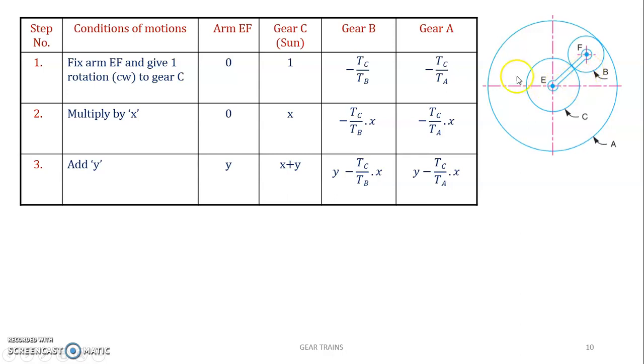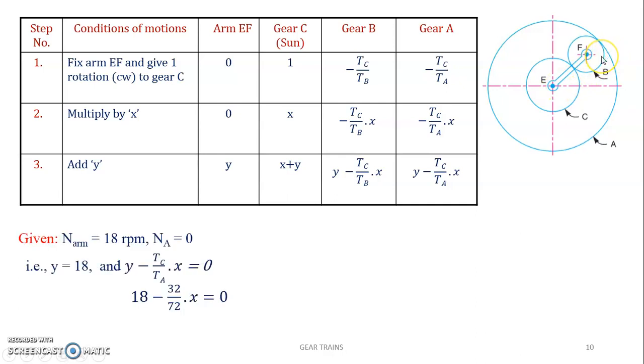Similarly for A, the gear train is 3 gears: C, B and A. C drives B, B drives A, but the direction of gear A is opposite to that of C, hence it is minus. And the train value, this is the driver, that is the follower, so number of teeth on the driver divided by number of teeth on the follower, that is TA, gives you minus TC by TA. And then you solve this.